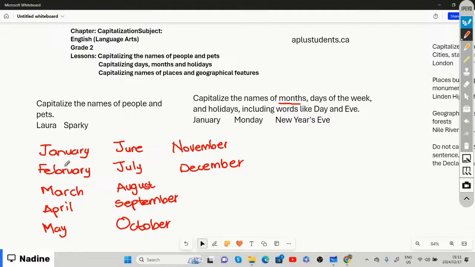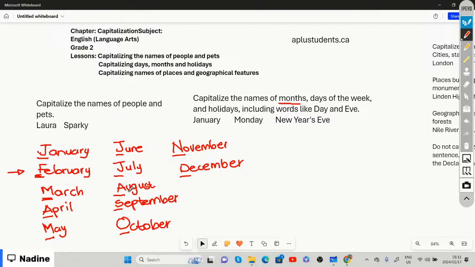The months of the year need to be capitalized. Like currently we're in the month of February. Whenever you write down February, it needs to be written with a capital letter. After February, we're going to March. Then we have April, May, June, July, August, September, October, November, December.